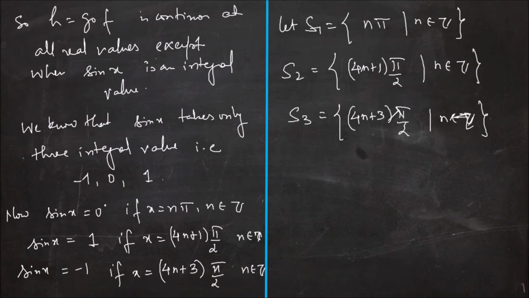So S1 is the solution set for the equation sin x = 0, S2 is the solution set for the equation sin x = 1, and S3 is the solution set for the equation sin x = -1.